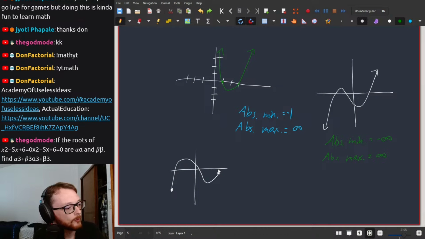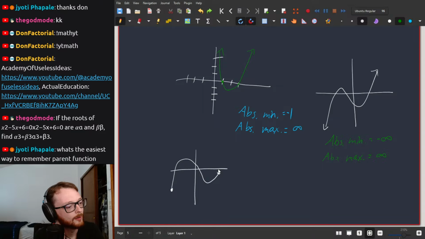If the roots of that are alpha and beta, I could do that the brute force way, the God mode.